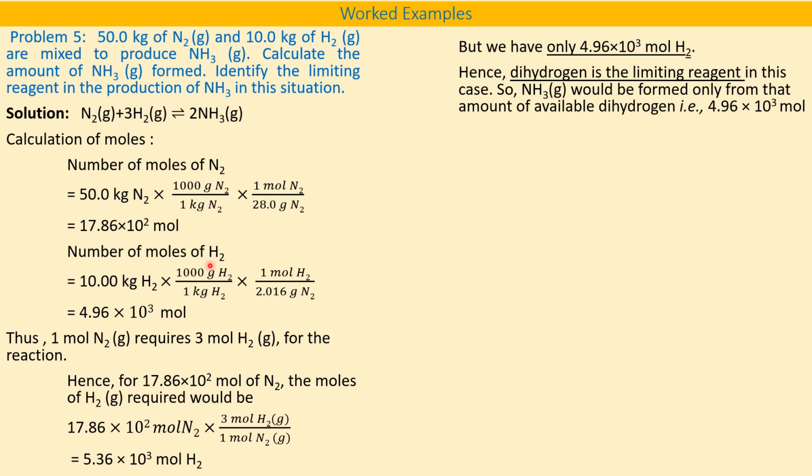So, NH3 would be formed only from that amount of available dihydrogen, that is 4.96 × 10^3 mole.